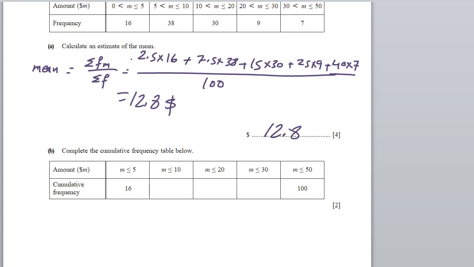Cumulative frequency table. So we have 16. 16 plus 38 give us 54. 54 plus 30 give us 84. 84 plus 9, 93. And then 93 plus 7 is equal to 100.